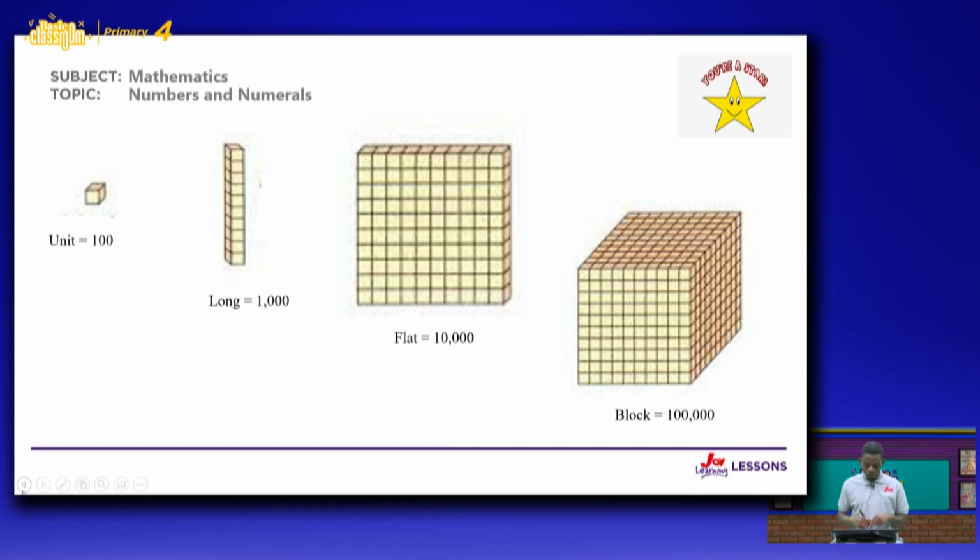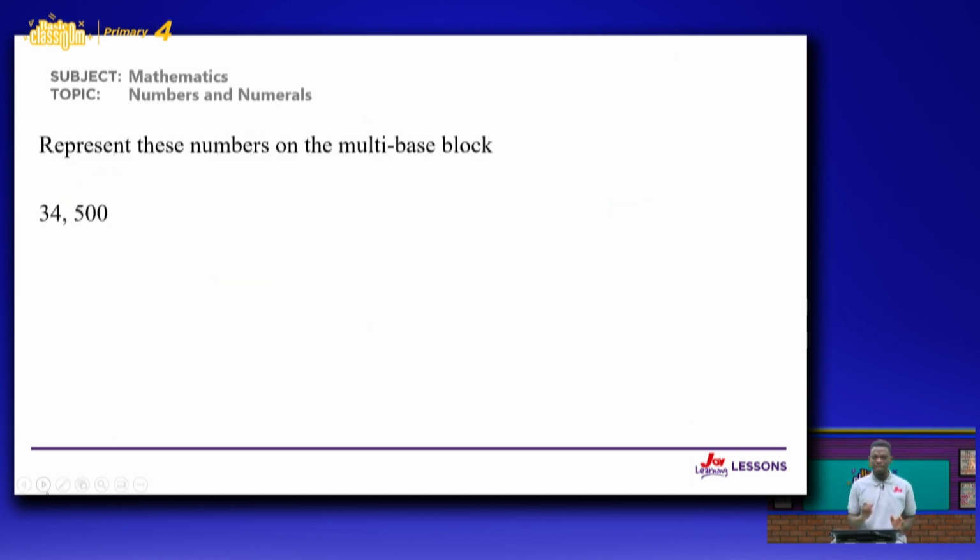And then the flat will represent tens of thousands. And then the block will represent hundreds of thousands. So when you look at this number, how many of the units or cubes are we going to have? How many of the longs? And how many of the flats? Because this number ends at tens of thousands.